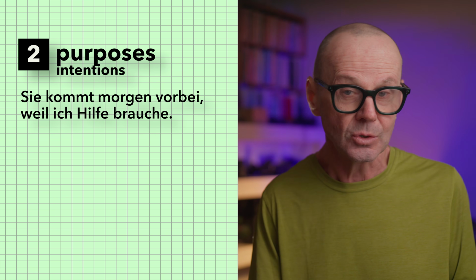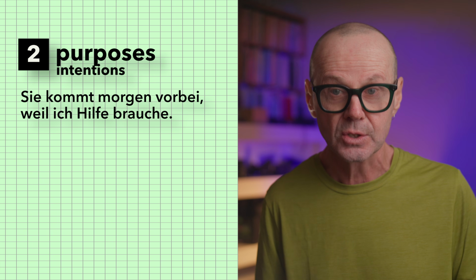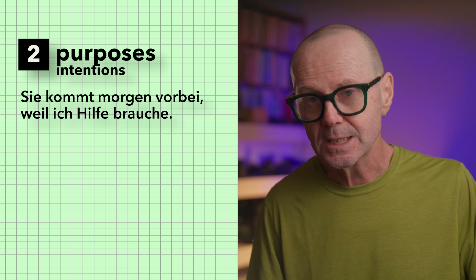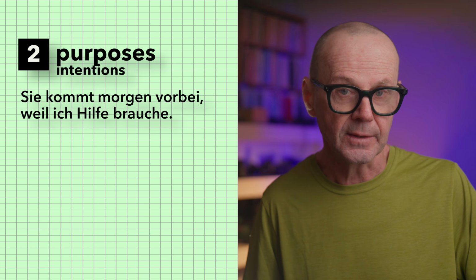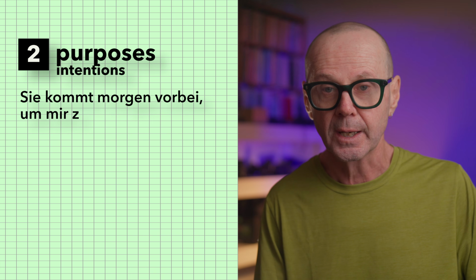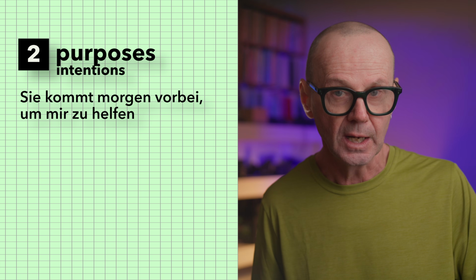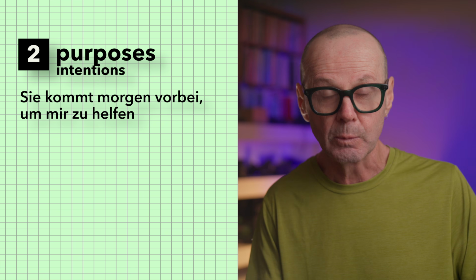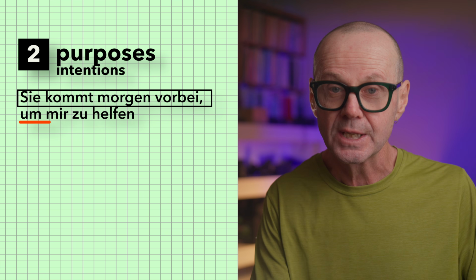Man weiß ja nicht unbedingt, dass sie vorhat, mir zu helfen. This is your own conclusion. So to express intentions, we use another structure. Sie kommt morgen vorbei, um mir zu helfen. Now we're making a direct connection between what she's doing and what she's intending.